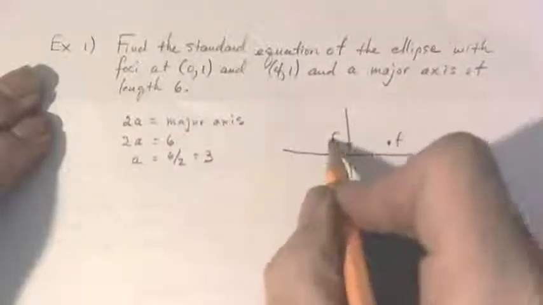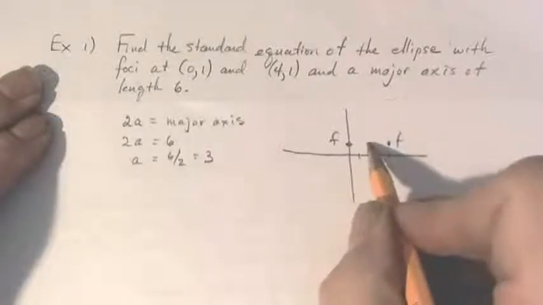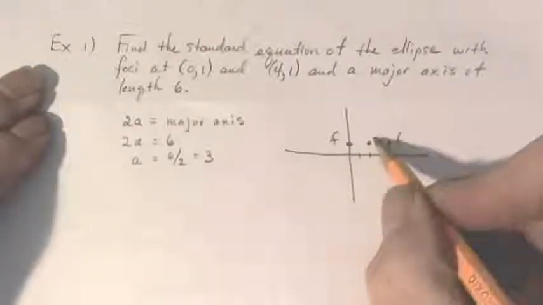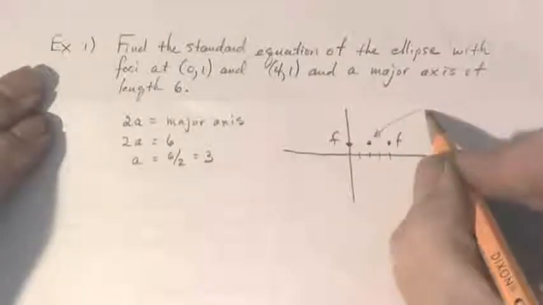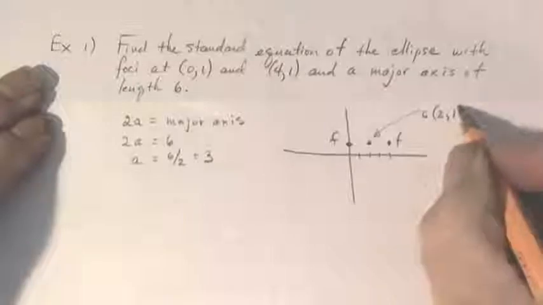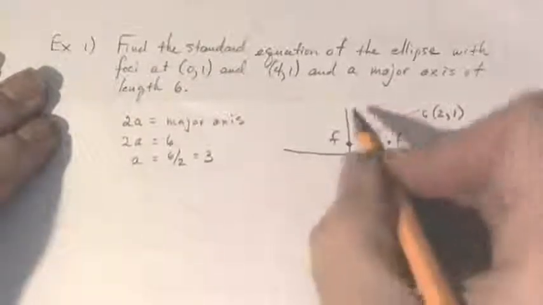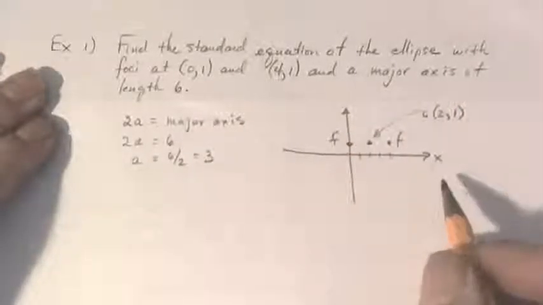And these are the foci. The center is midway in between the foci. So the center is (2, 1). We can just tell that by looking at the graph, and that's why you should make the graph.